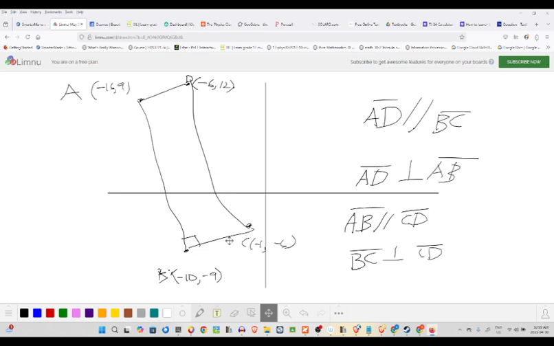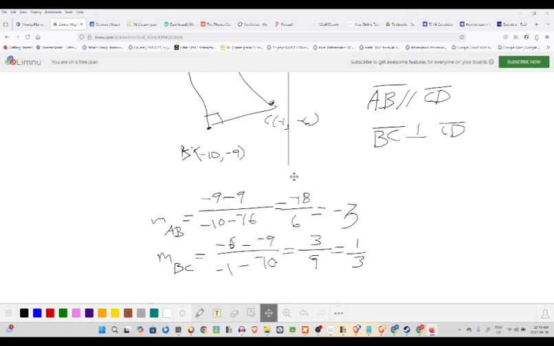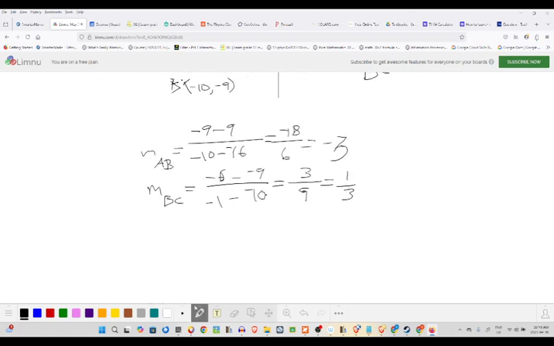So C and D, so negative 1, negative 6, and negative 6, 12. And then our x was negative 6. Sorry, a little bit of lag really hits this.